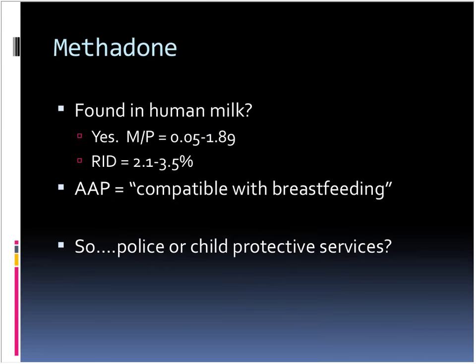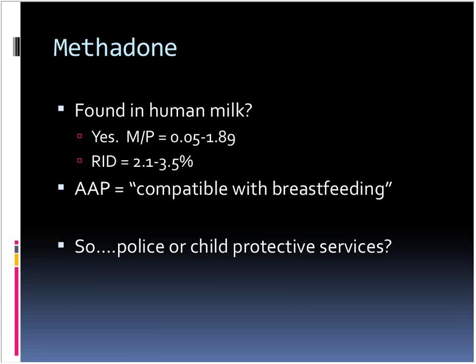So is methadone found in human milk? This was one of those interesting scenarios, and I had mentioned before that the M to P ratio is sometimes helpful, sometimes not. And in this case, not really. It ranges from 0.05 to 1.9. So that's about as wide as it gets from a milk to plasma ratio. RID is relatively low.